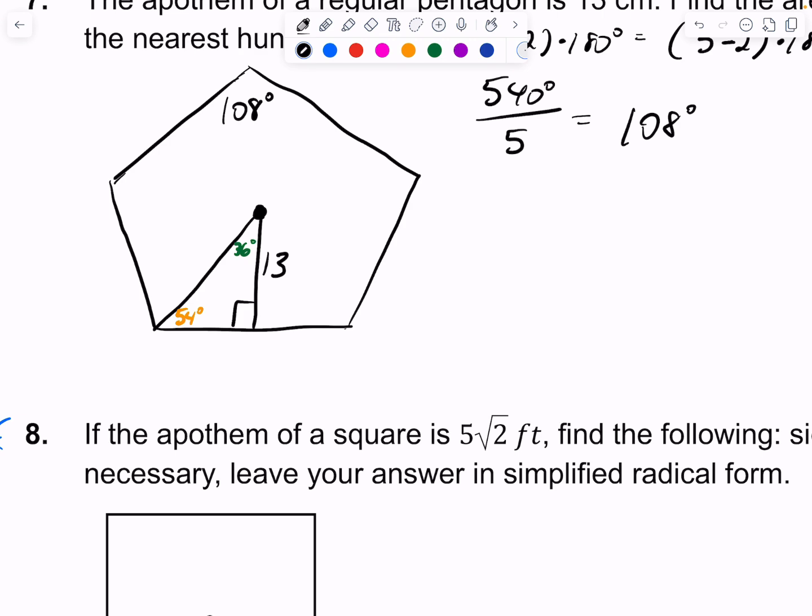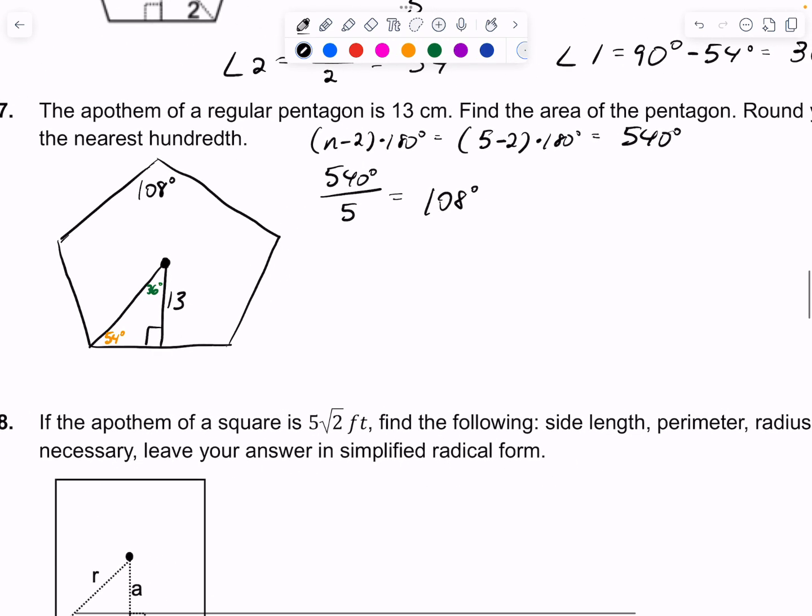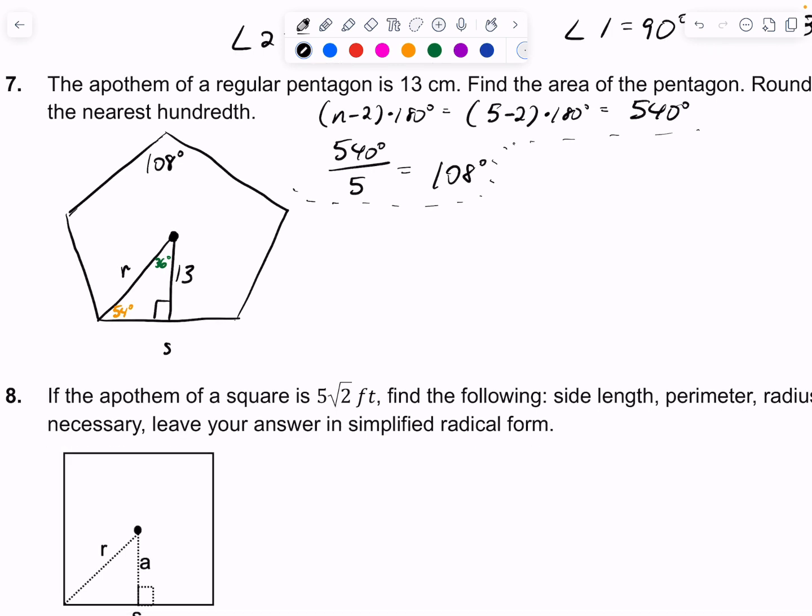So if I want to figure out the radius and the side length, I need to figure out some way to find another side of this right triangle, and that is with trigonometry. So I'm going to use tangent, so I can find this half of the side down here.